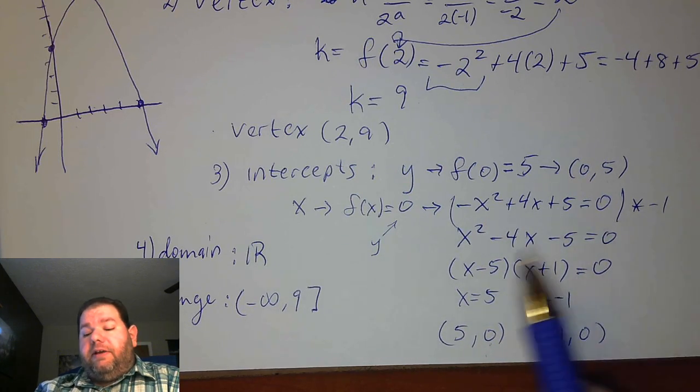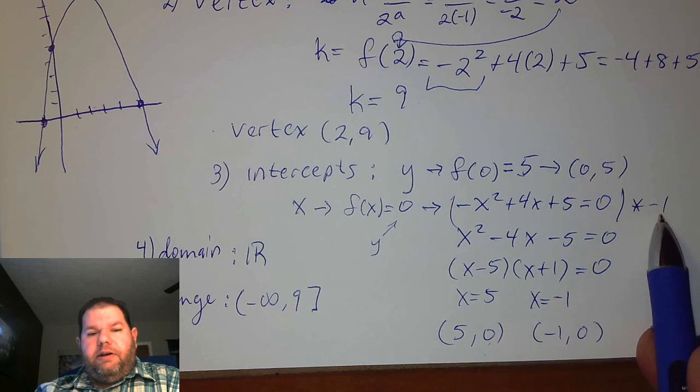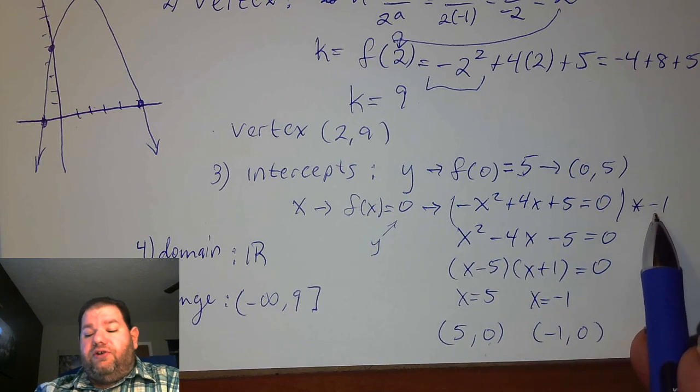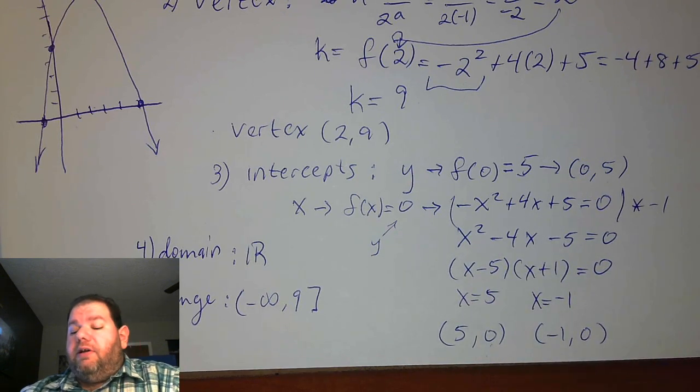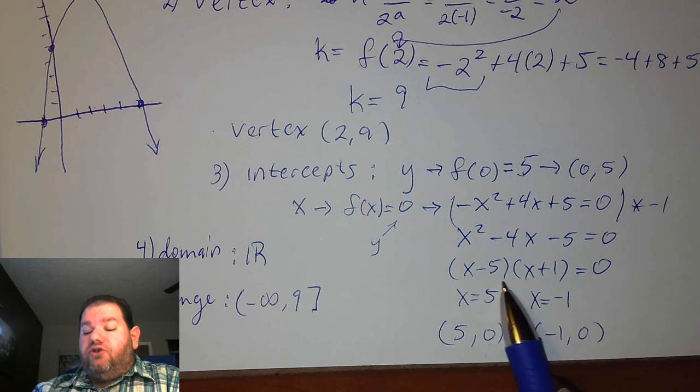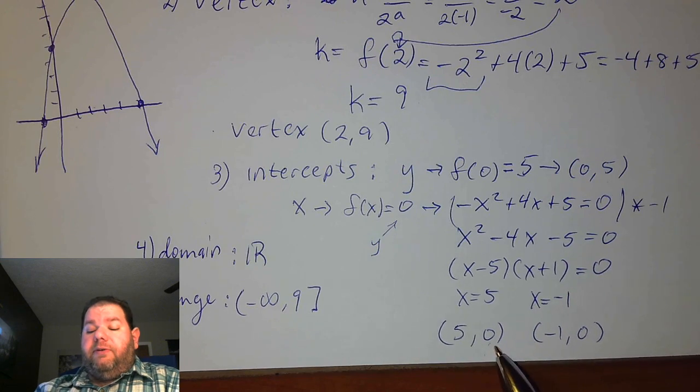We multiplied by a -1 to make it a positive x squared, because multiplying by a number doesn't change the zeros, it changes the signs to help us better find those zeros. And so we got our factorization, (x minus 5)(x plus 1), which gives us x equals 5 and x equals -1, and so we set that up as ordered pairs, just like we did here.